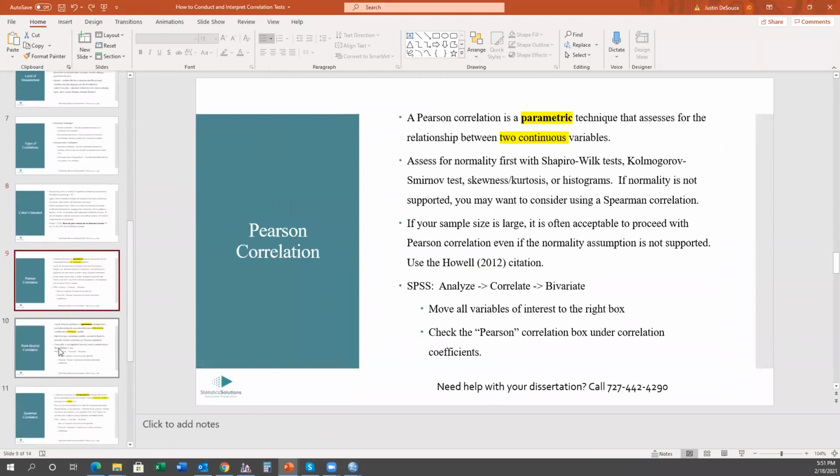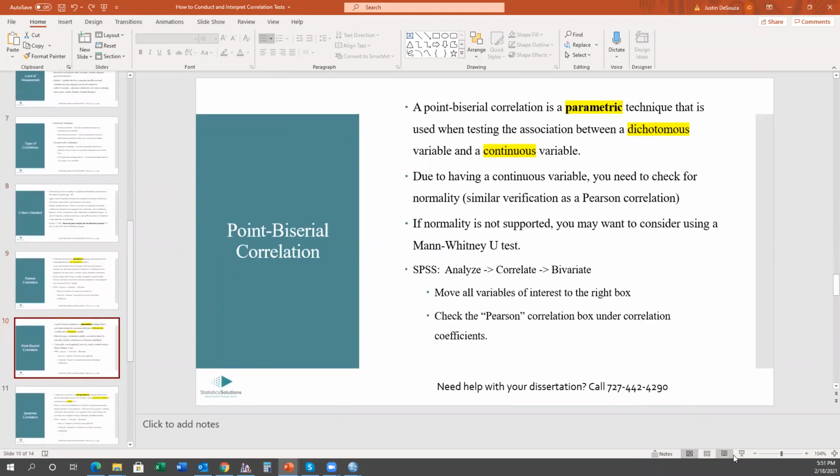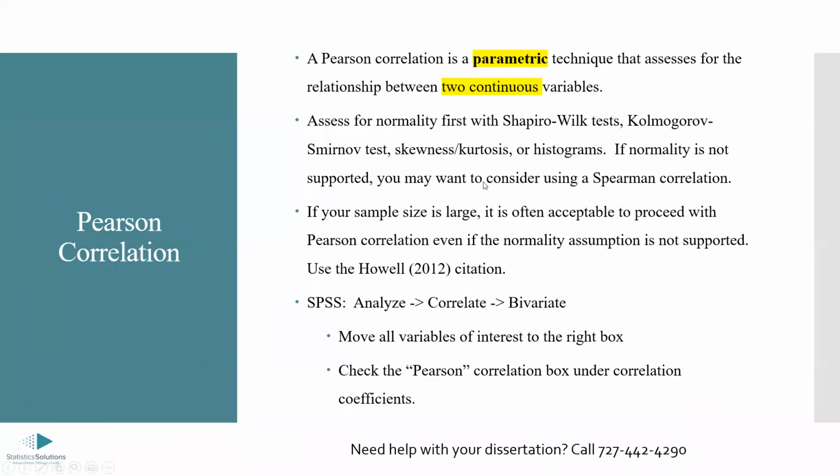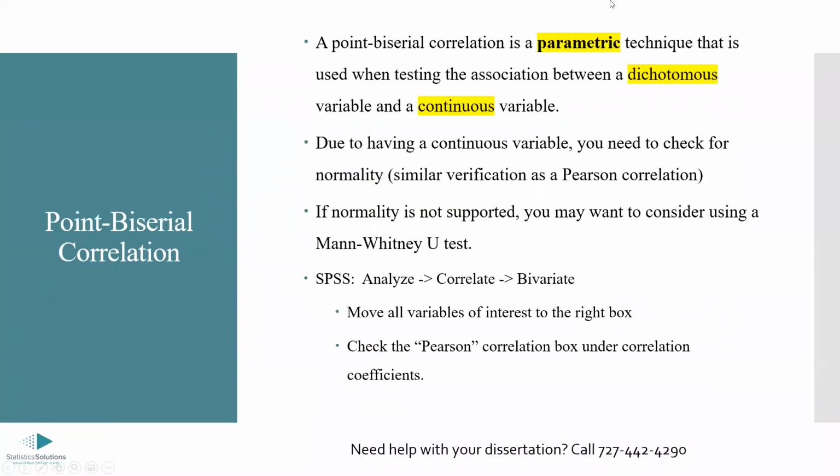Now we can take a look at a point-biserial correlation. So a point-biserial correlation is also a parametric technique. However, in this case, instead of two continuous variables, you have a continuous variable and a dichotomous variable. So a variable with two possibilities. Due to having a continuous variable, you'll want to check for normality again.